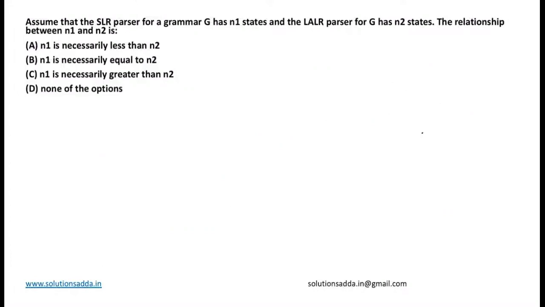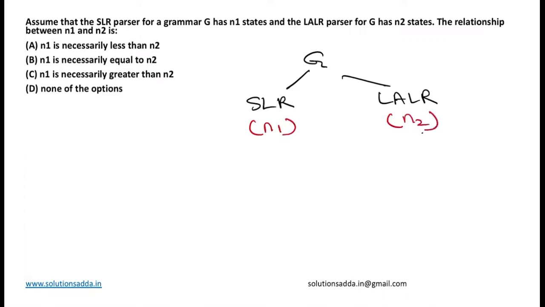So this is a question from compiler design. Assume that the SLR parser for a grammar G has N1 states and the LALR parser for G has N2 states. The relationship between N1 and N2 is. So we have a grammar G for which an SLR parser and an LALR parser exist, and the number of states in the SLR parser is N1 and in the LALR parser is N2.